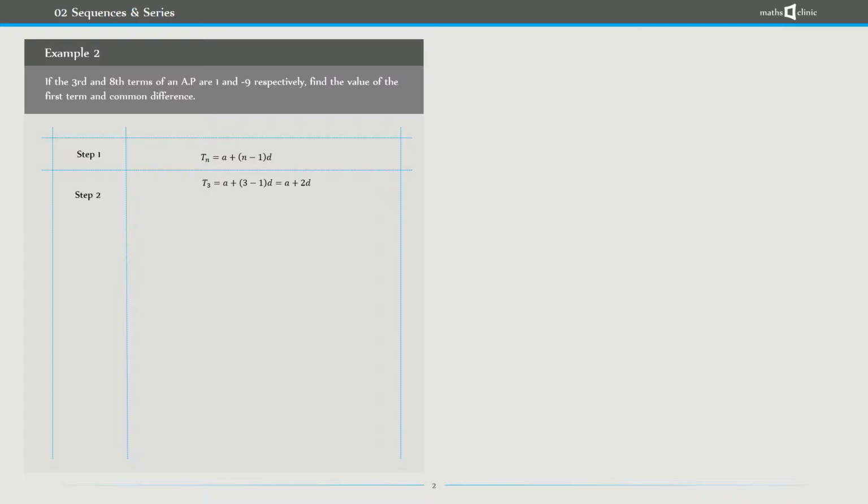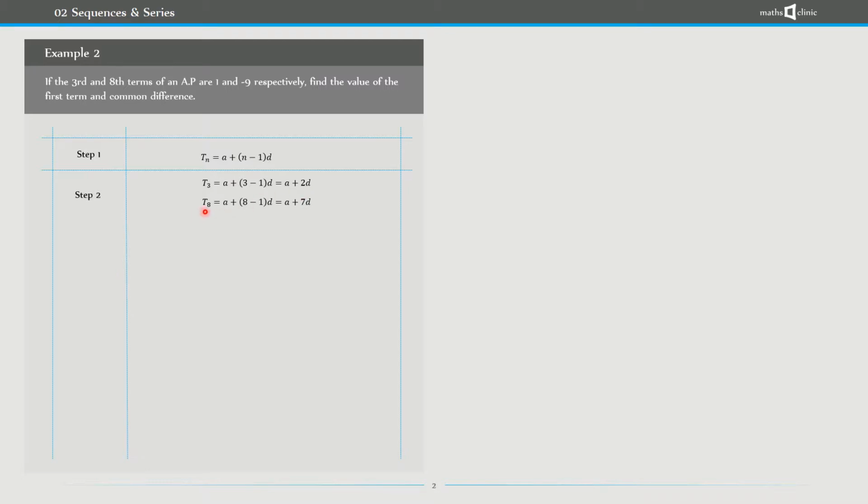Let's understand that. Tn equals a plus (n minus 1)d, where a is the first term, which tells us that T3 would be a plus (3 minus 1)d, because n in this case is 3, so T3 is a plus 2d.